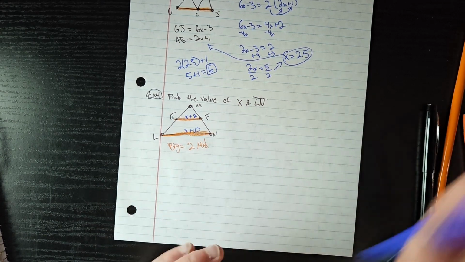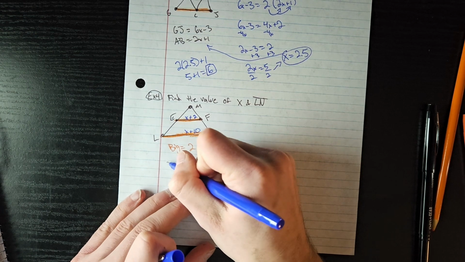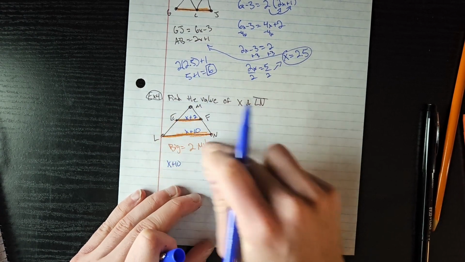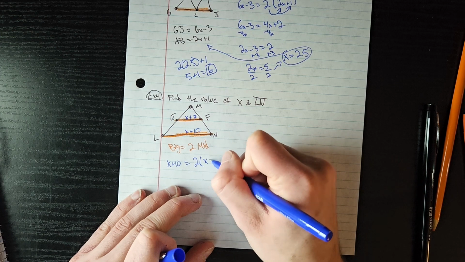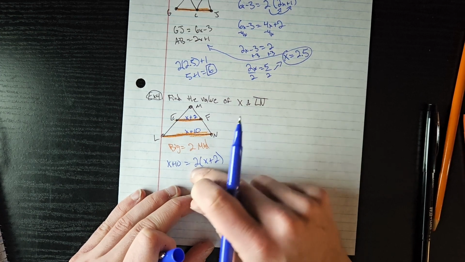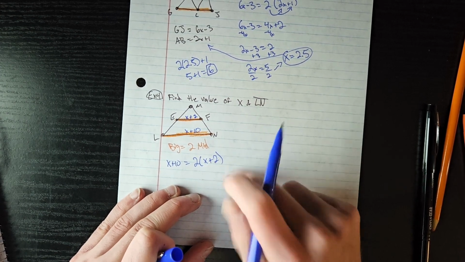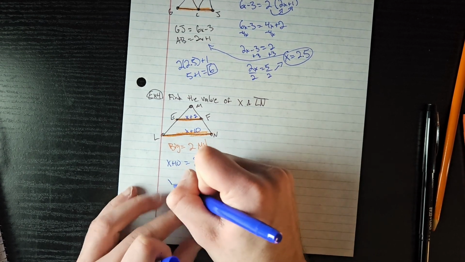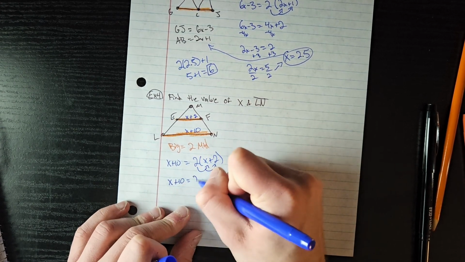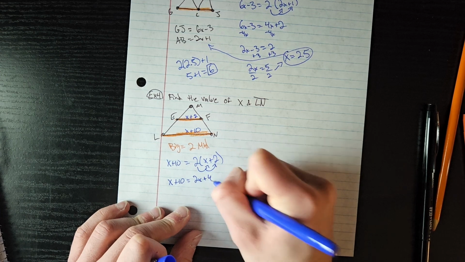I could do x plus 10, because LN is my big, is equal to 2 times my mid segment, x plus 2. And then I can distribute my 2 out, giving me x plus 10 is equal to 2x plus 4.